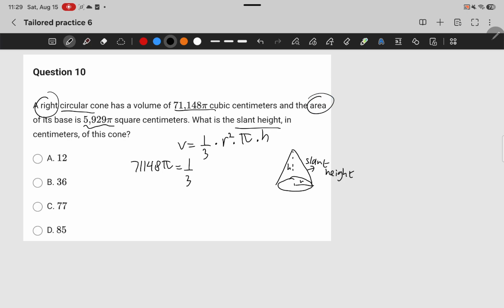Oh, we got the area of its base, so we don't need to find this because it's written. Times this number, times the height. We will just cancel whatever we can cancel, and so we calculate the height.